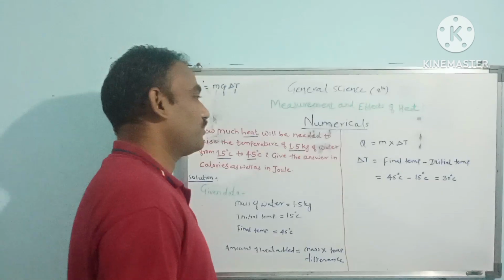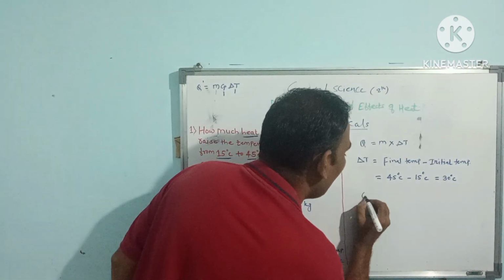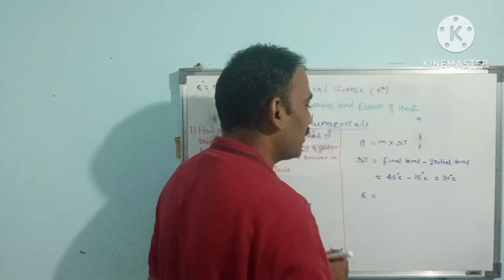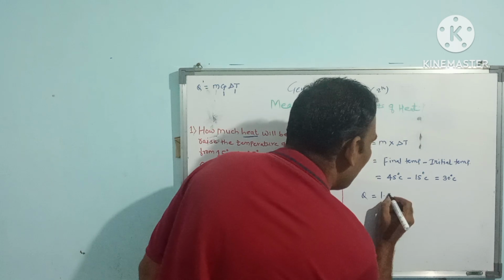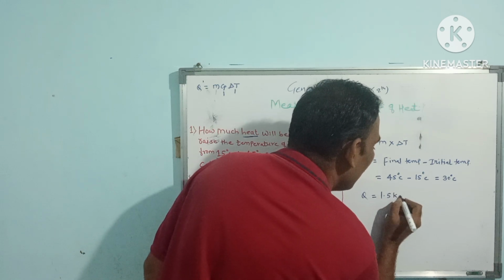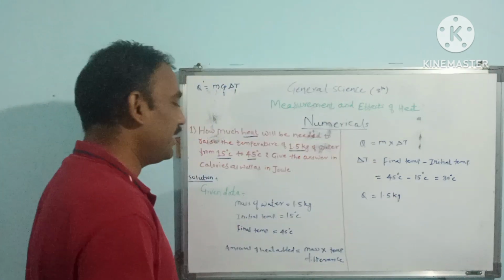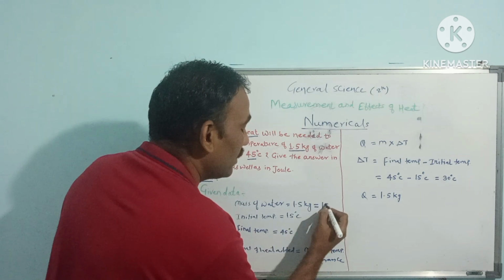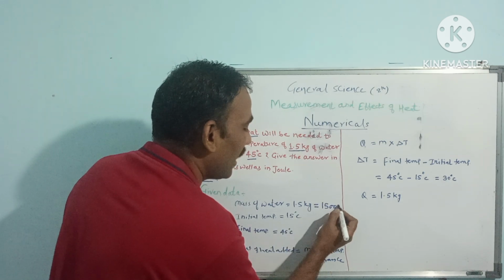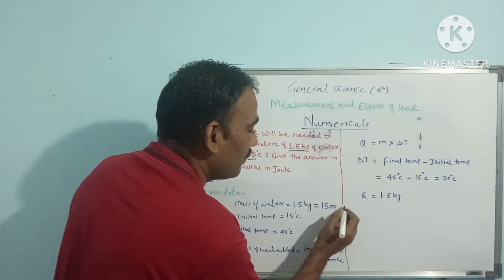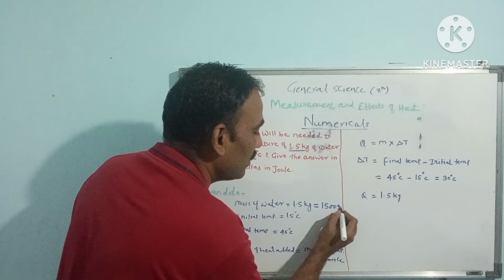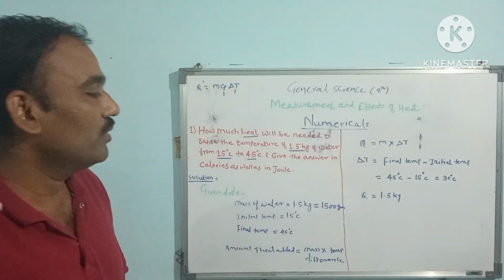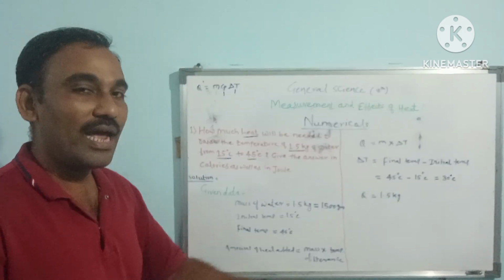Now see, Q, the amount of heat needed, is equal to mass. Mass is 1.5 kg. Actually, this mass should be converted into gram. 1.5 kg is 1500 gram.